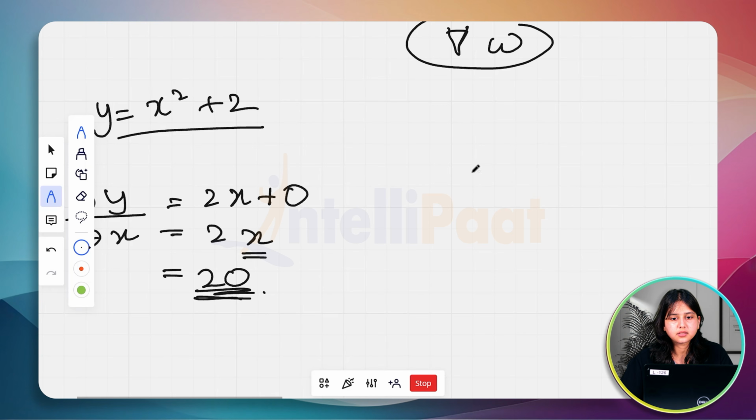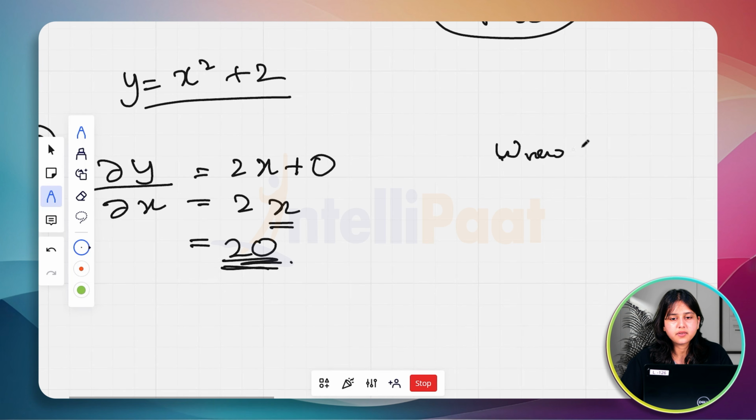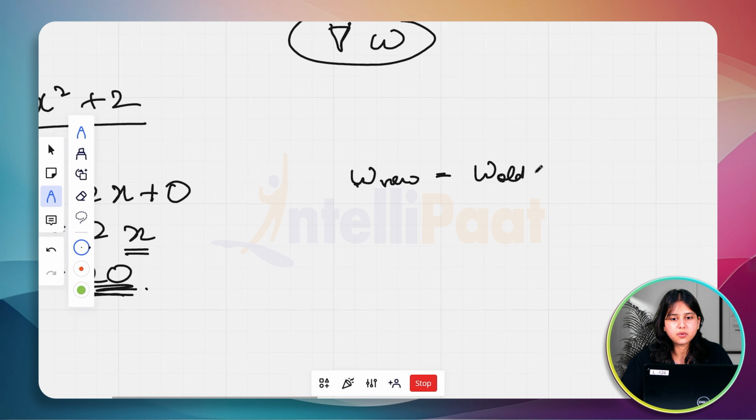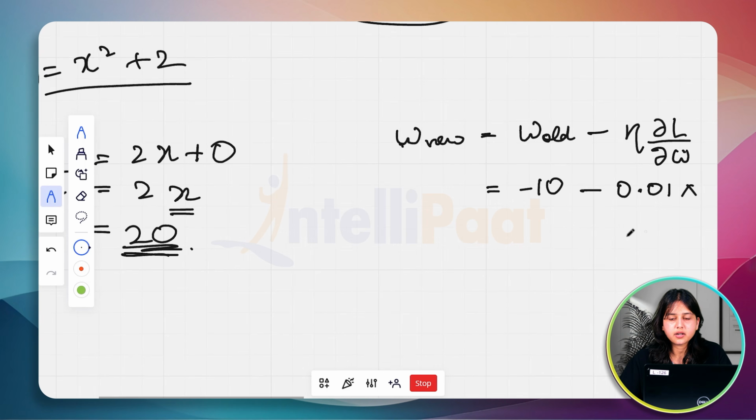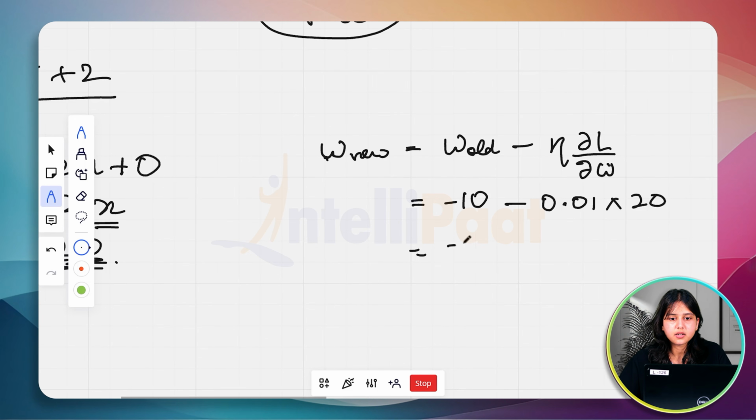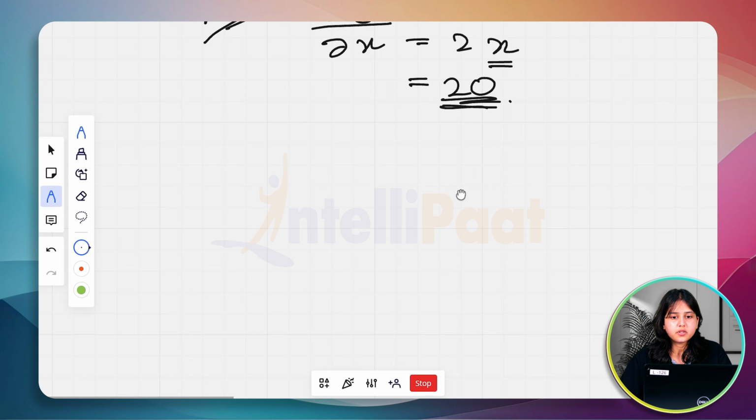Our equation is, let's call it W new, since we are updating our weight, W old minus learning rate into delta loss by delta W, right? So our W old is, let's consider it as minus 10. Let's say our learning rate is 0.01, and this we just calculated out to be 20, right? So it is minus 10 minus 0.2, so it turns out to be minus 10.2, right? So this is how you calculate the gradients.